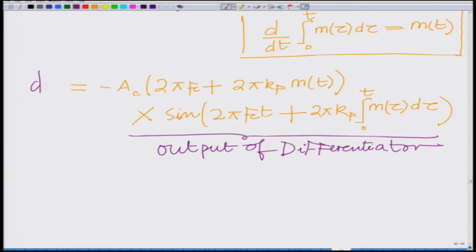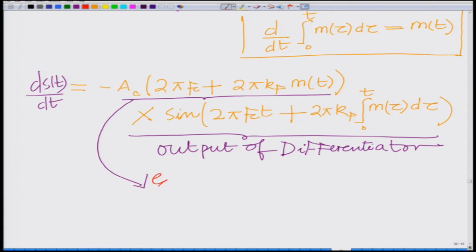That is basically your dst by dt. Now, if you look at the output of this differentiator, the envelope of the output is a sinusoidal signal.